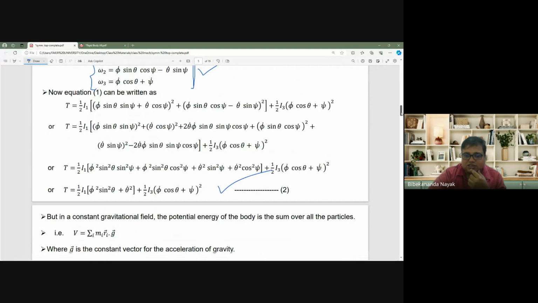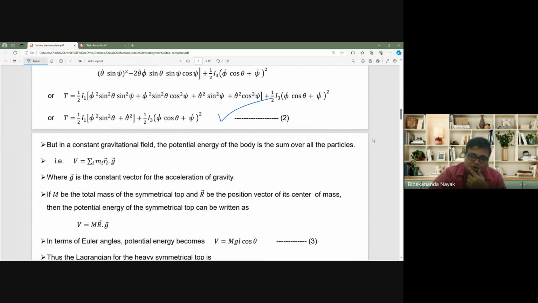Similarly, potential energy, since it is in a gravitational field, is mgh. Summed over m_i r_i g, if we consider the total mass m and r the position vector of the center of mass, then we can write m r dot g.